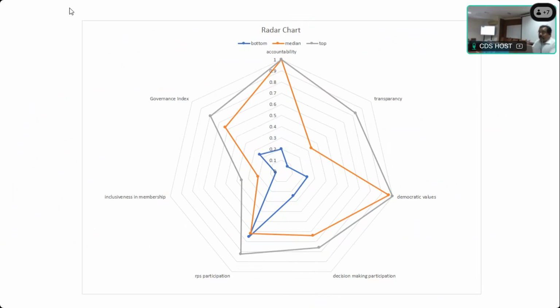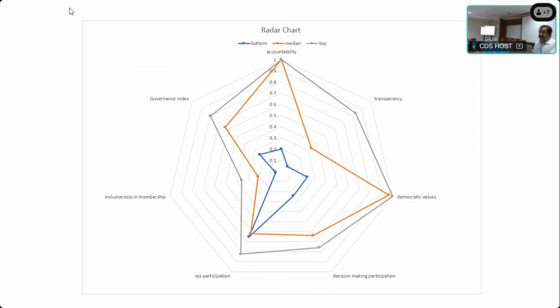And the bottommost one is actually weak in all these dimensions. If you look at transparency, democratic values, decision making, except for RPS participation, it's weak in all these dimensions. So we can see that in general, governance is an issue, but there are some RPSs which are governed quite well, which have a fairly high governance index. Even then you have this problem of inclusion and transparency.